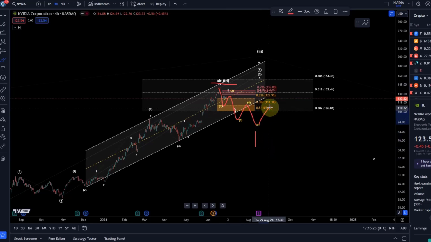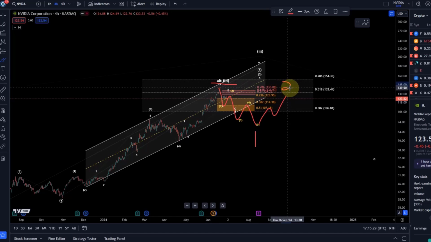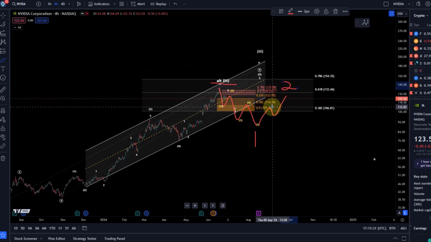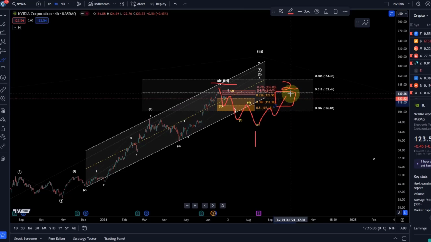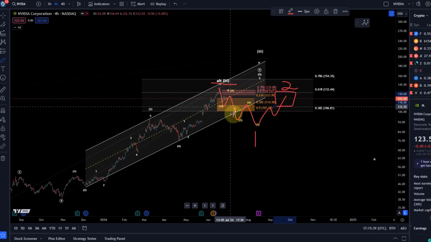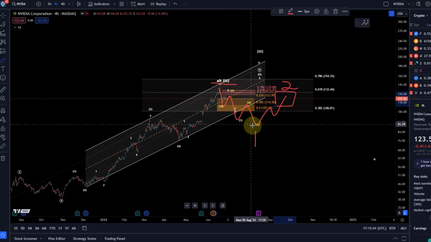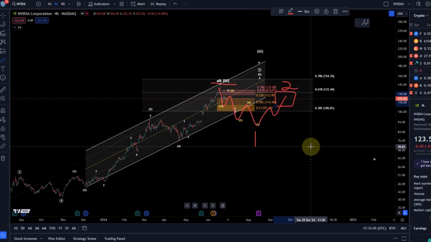And then if we get a 3-wave rally, that could be a wave 2 or a B wave. But you could then identify resistance and short as we're rallying into resistance with a stop above the high. But only if we have a break of support, a 5-wave move down, and then a rally into resistance. And that gives you a short trade setup.